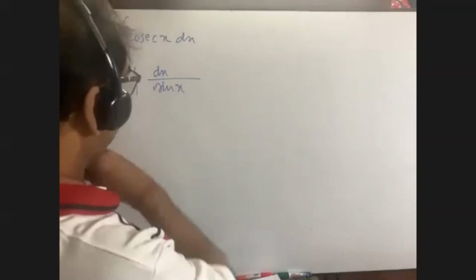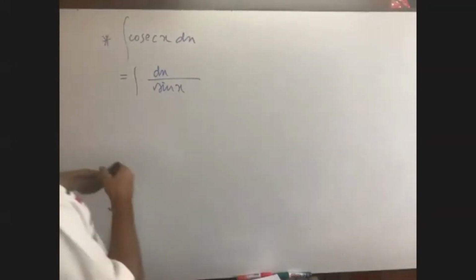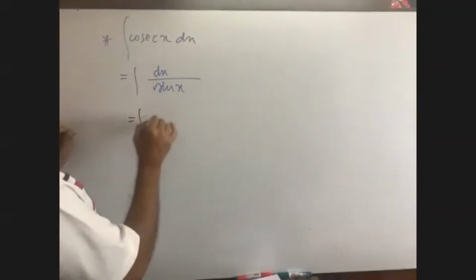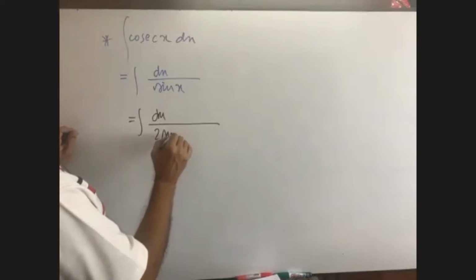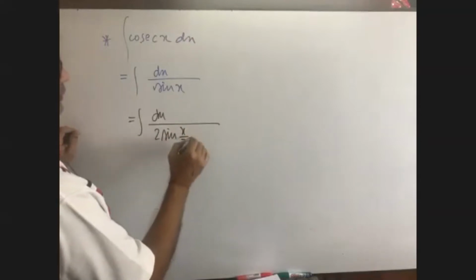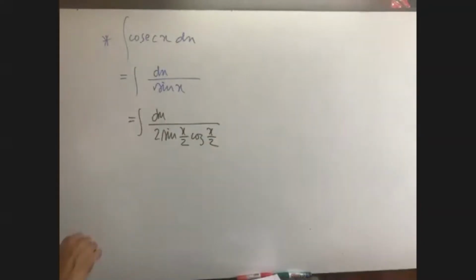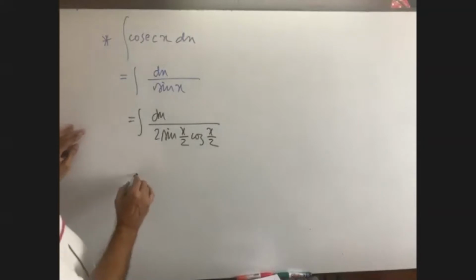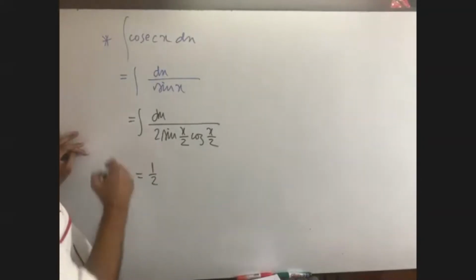We can also write it as dx by sine 2 theta, that is, dx by 2 sine x by 2 cosine x by 2, right? Okay, that's good. Now we will divide it. Suppose this is half.